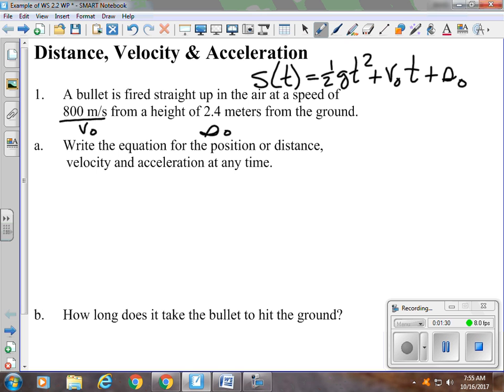So when you go through a problem and you hear the word speed and you hear the word height, those are usually your initial values. Now what they did not give you is gravity, because they assume that you know it. We have done quite a few problems with gravity on Earth in feet per second measurements, where acceleration due to gravity was negative 32 feet per second squared.